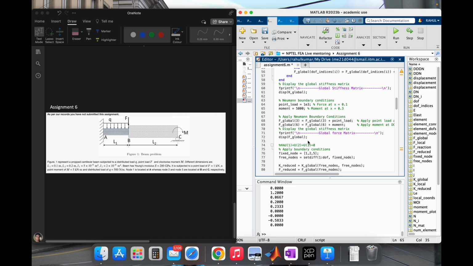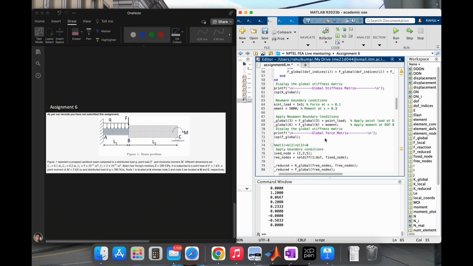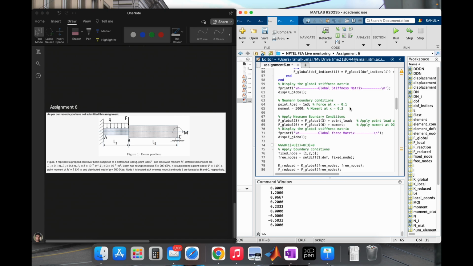Now I will apply the Neumann boundary condition in the global force matrix which I got here. We will add this up, but only at the third and sixth coordinates, because this is coordinate number 1, and coordinate number 2 is hidden here.